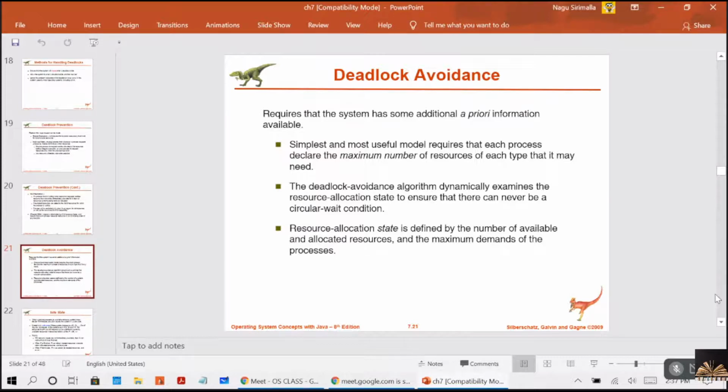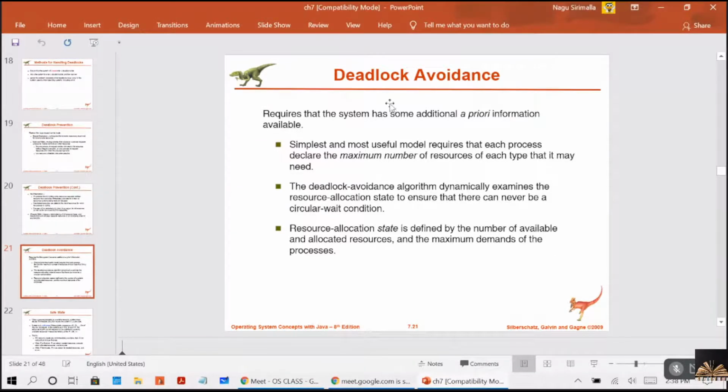The OS will check before allocating the resource to the process, every time, for the condition. If it is leading to a deadlock, then the OS will not issue the resource to the process immediately. It will make the process wait for some time to avoid the deadlock.